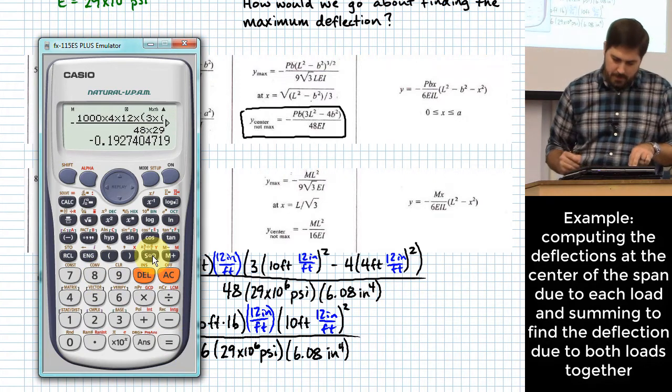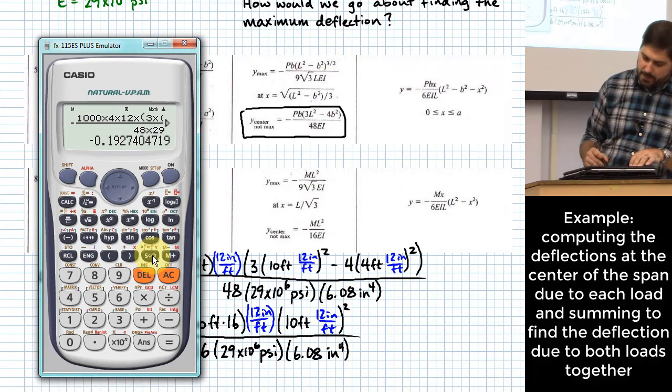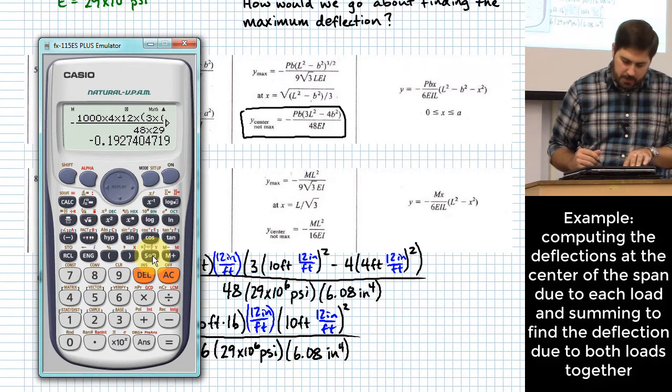I'm going to do these separately, so that gives me negative 0.19274.